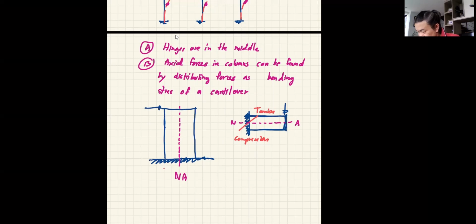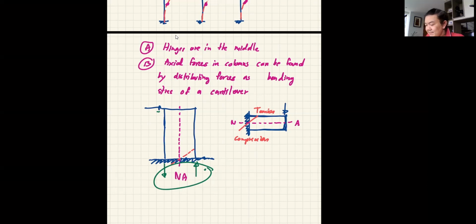Let's change the color. And it makes perfect sense because if you're trying to push the frame like this, if you can see equilibrium, here there must be compression to counter that. And here would be tension. And this green couple should give you the moment equal to the moment produced by the lateral load. Correct? So that gives you equilibrium.